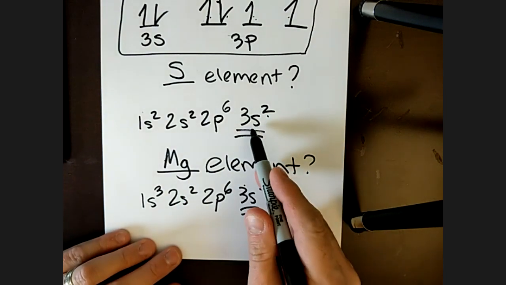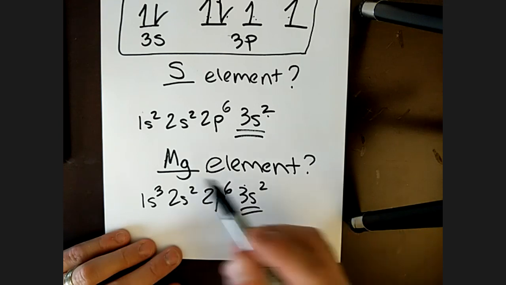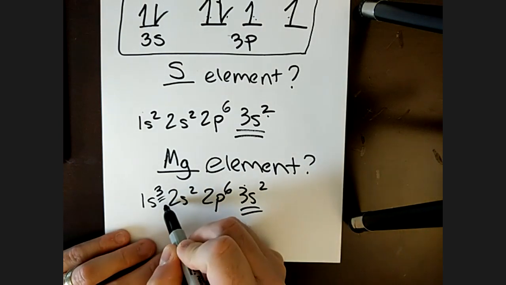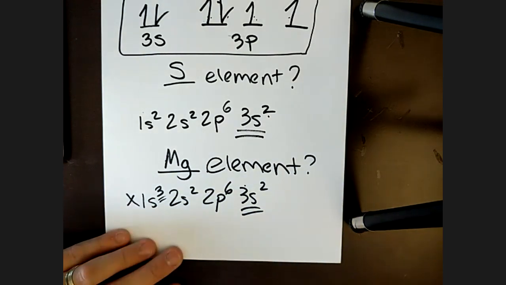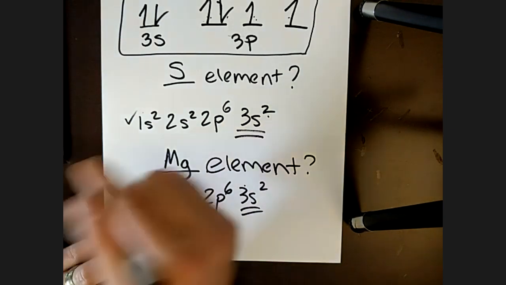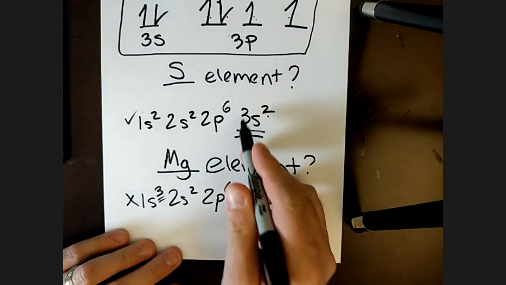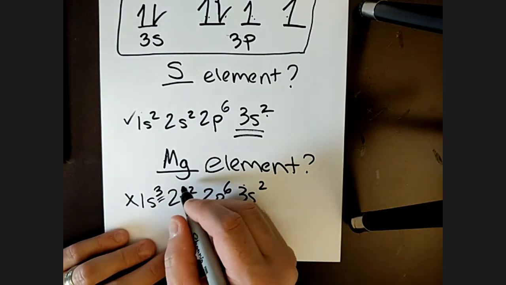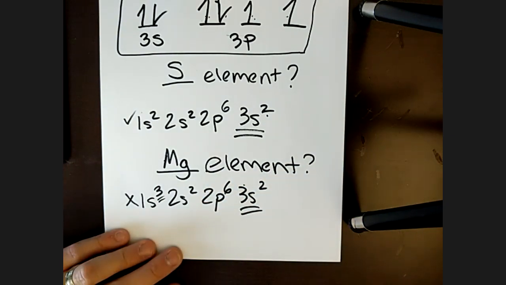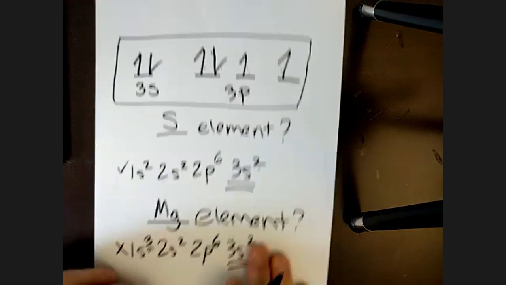Well, they both end in 3s2, except this is not a proper orbital orientation, because I can't have 3 s orbitals. So this one is wrong, and this one is right. That's generally how multiple choice versions of this are represented, where there are several of these and some of them are not written properly. So we have to watch for variations where it exceeds the maximum number of electrons possible within an orbital.